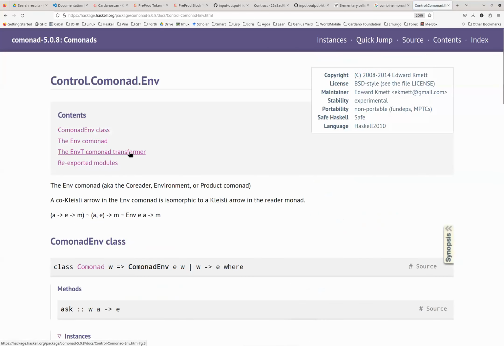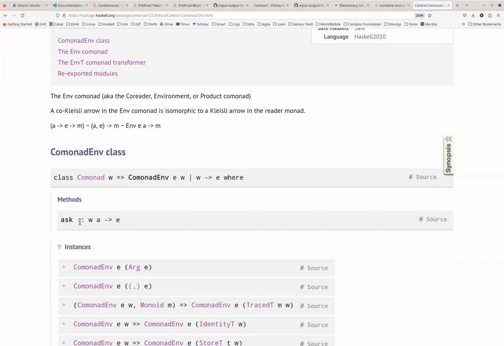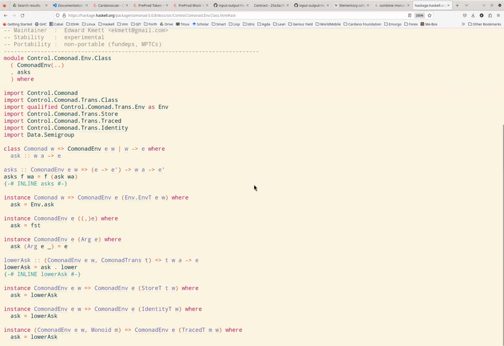So we also have a reader equivalent. The reader comonad is called env, environment, I think.